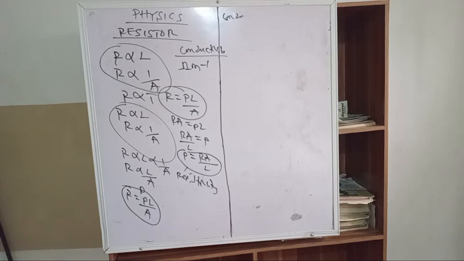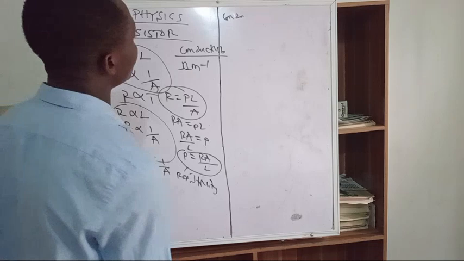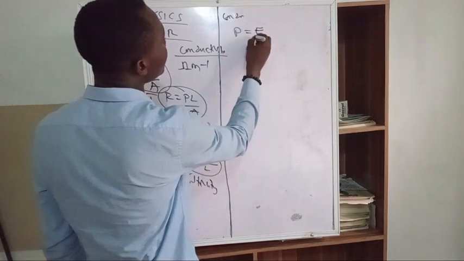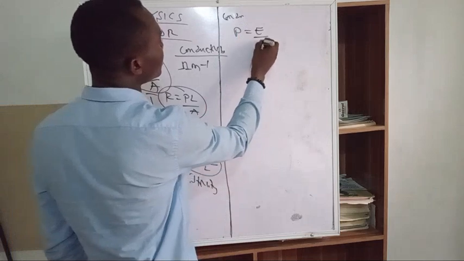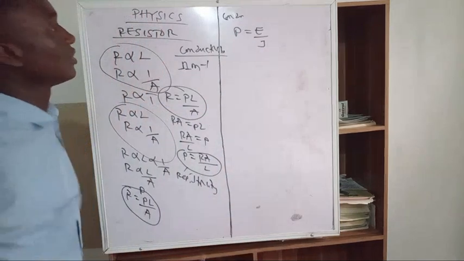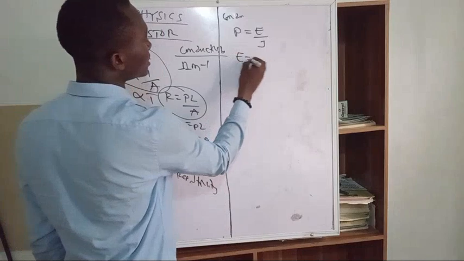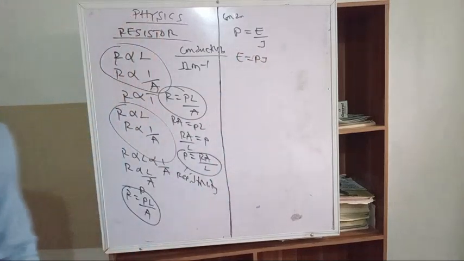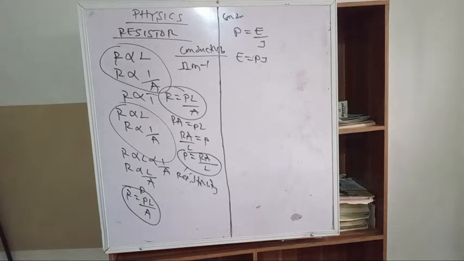Then there is a relationship between the current density J, the electric field intensity, and the resistivity of the material. The formula is given by: resistivity is equal to the electric field intensity over the current density J. So that means electric field intensity is equal to rho J. The multiplication of your resistivity, measured in ohm meter, by J, the current density, will give you the electric field intensity.